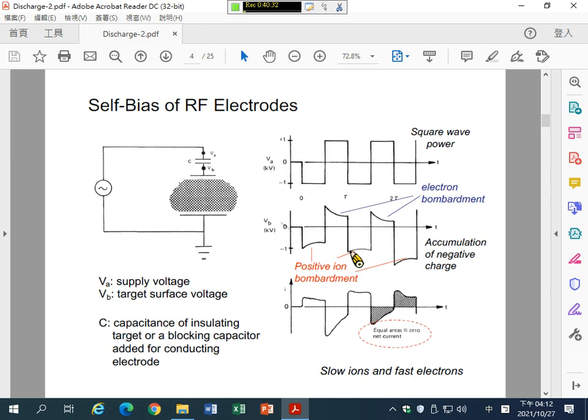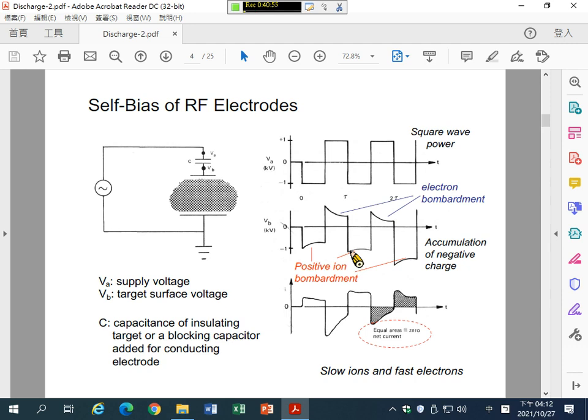So after several cycles, if we check each cycle, in the negative cycle the ion charge collected equals the electron charge collected.